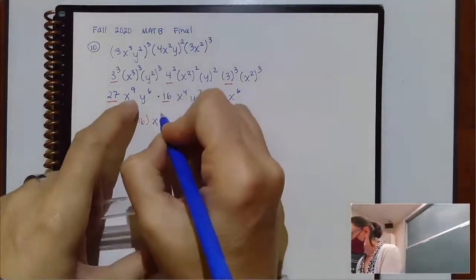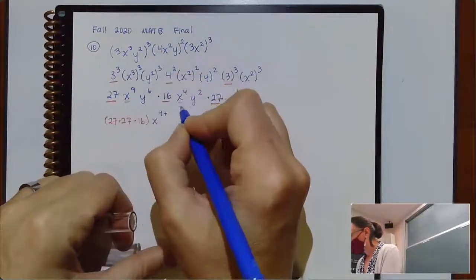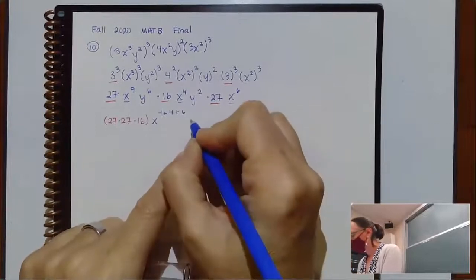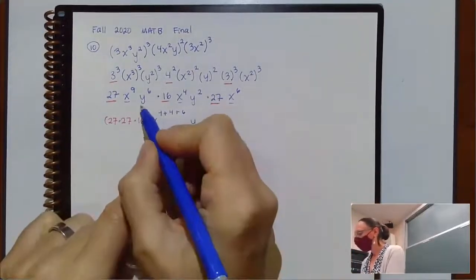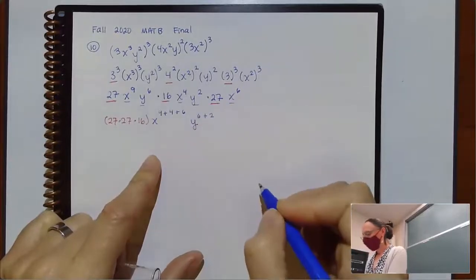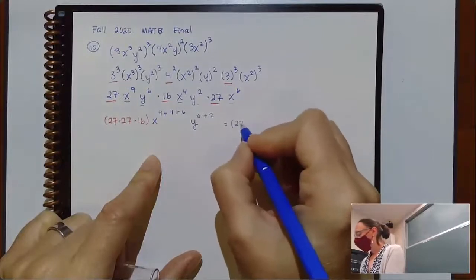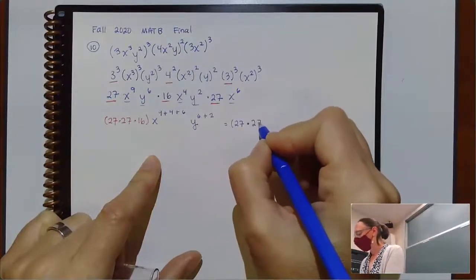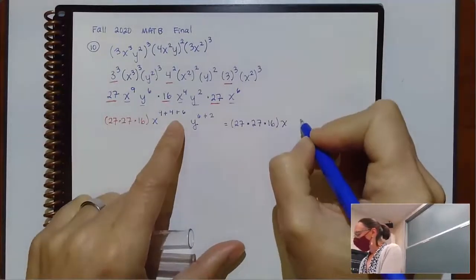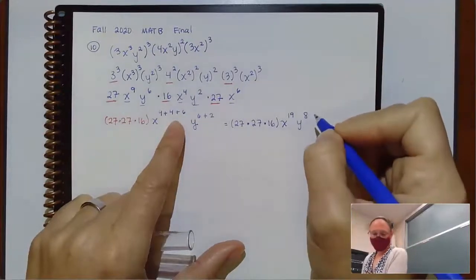So I'm going to have x to the 9 plus 4 plus 6 and y to the 6 plus 2. So I've got 27 times 27 times 16, x to the 19th, y to the 8th.